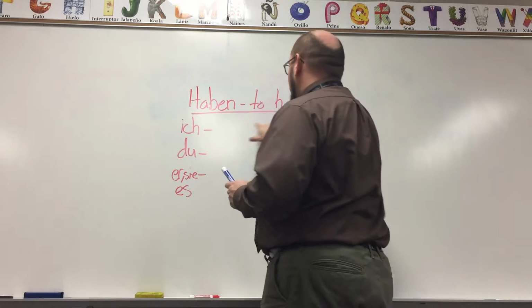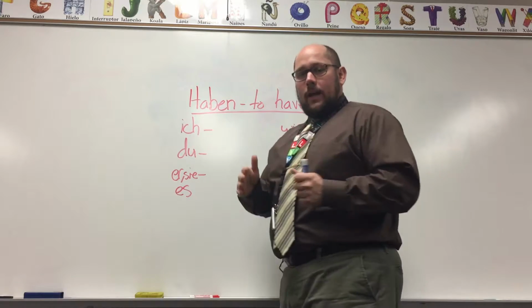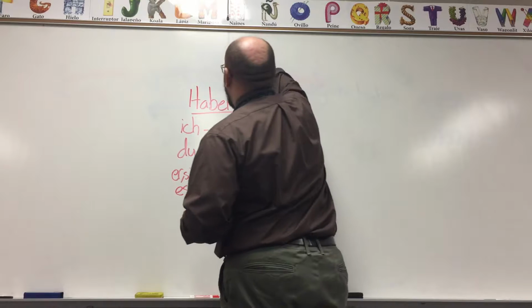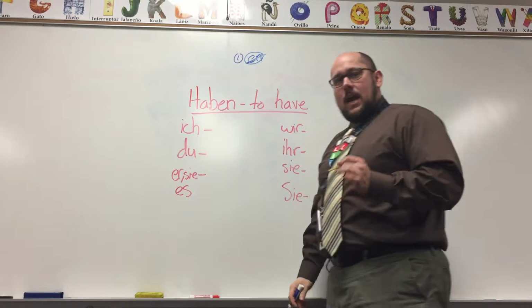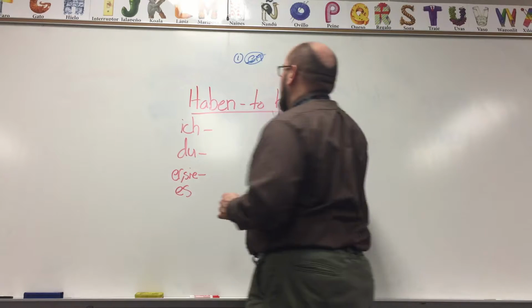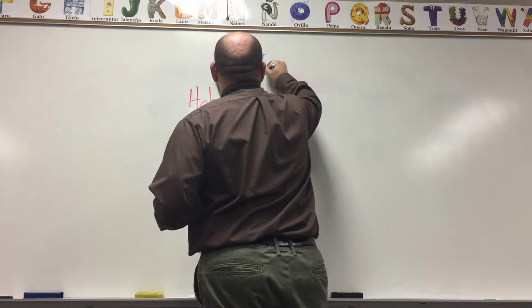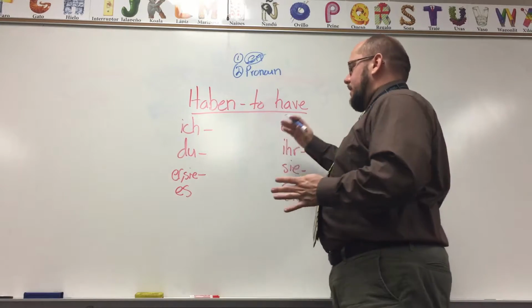So ich, wir, ihr, sie, and sie all work exactly the same way that our other verbs do, right? So first step, we take the en off, okay? Second step, we find our pronoun, which obviously in this table is very easy.